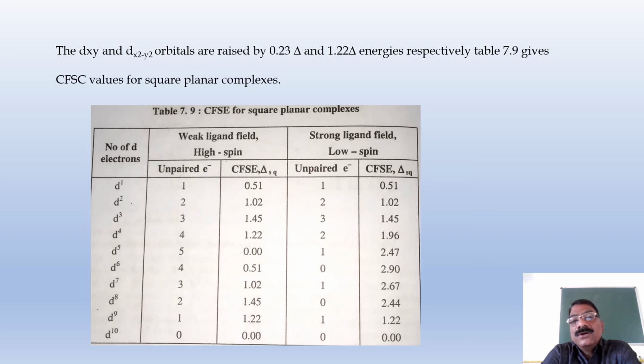While in the strong ligand field, that is in low spin complexes, we see the number of unpaired electrons calculated for d1 to d10.